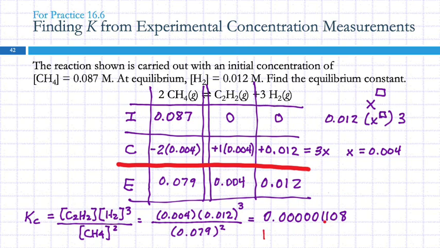So it's going to be 1.108 times 10 to the something. The exponent is how many places we need to move the decimal. 1, 2, 3, 4, 5, 6. Most people don't have too much trouble with that.